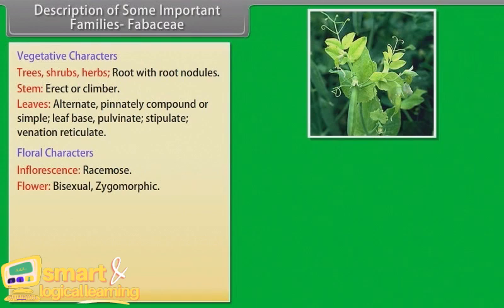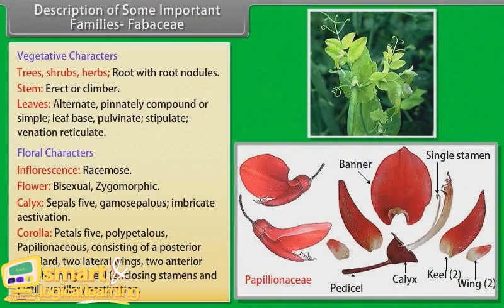Flower bisexual, zygomorphic. Calyx sepals 5, gamosepalous, imbricate aestivation. Corolla petals 5, polypetalous, papilionaceous, consisting of a posterior standard, 2 lateral wings, 2 anterior ones forming a keel, enclosing stamens and pistil, vexillary aestivation.